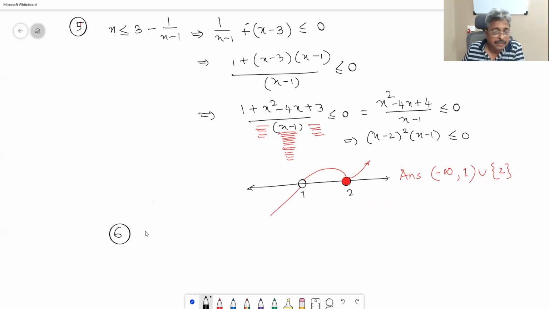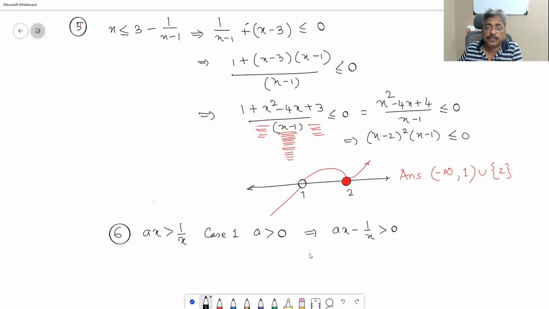ax is greater than 1 over x. Case 1: a is greater than 0. So if a is greater than 0, what I can do is (ax minus 1) upon x is greater than 0.